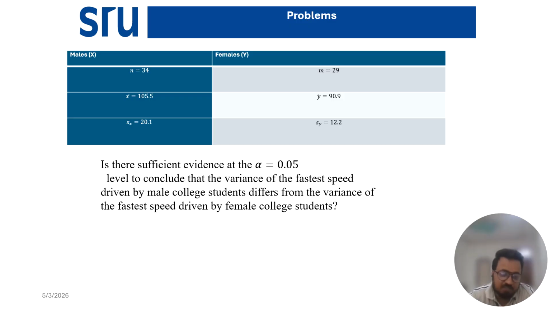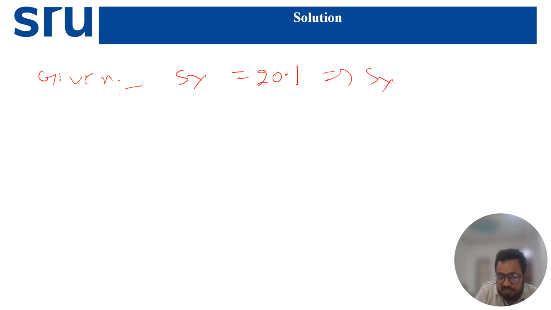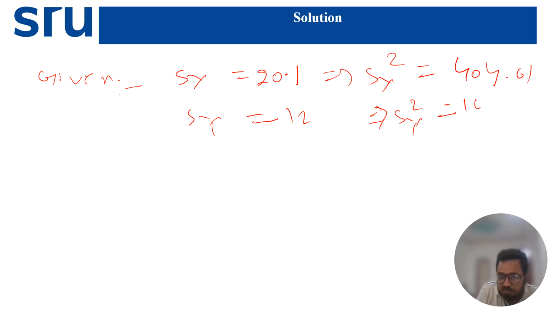So now let us check. In this question, what is given? Given is sx = 20.1, so this implies sx squared is equal to 404.01. sy is equal to 12.2, so this implies sy squared is equal to 148.84.